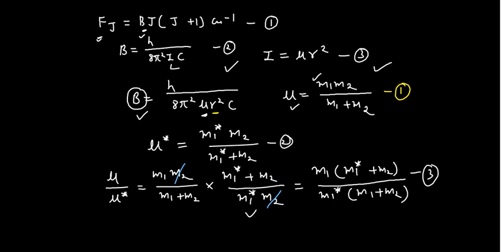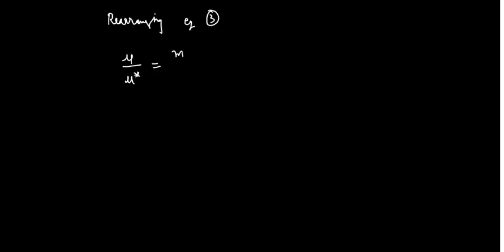So what will happen then? This will clearly show you M1 star, which I took common, then obviously 1 plus M2 by M1 star.